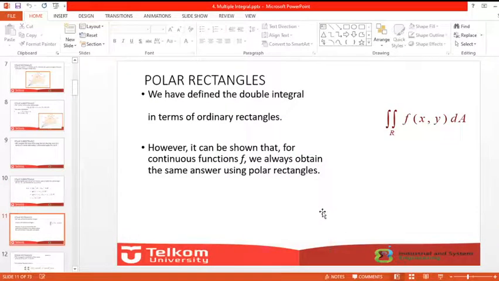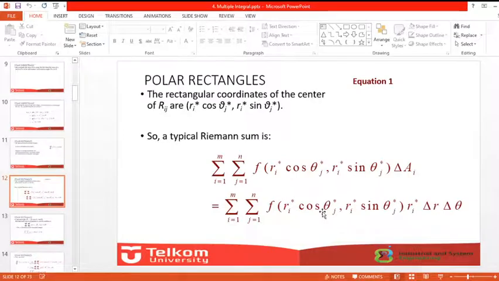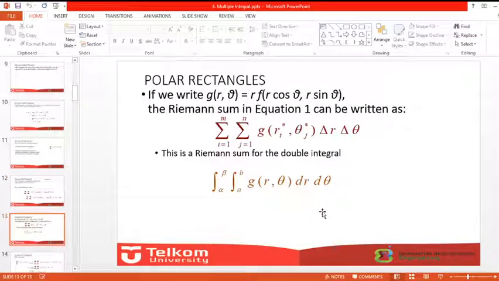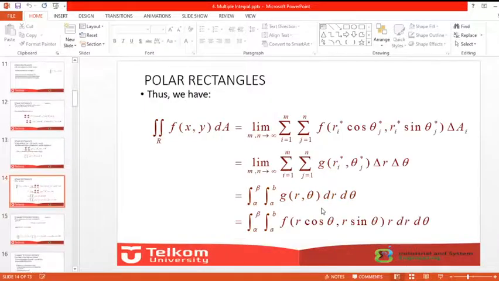So we can change from the xy coordinate integral to the polar coordinate integral. From f(x, y) we change to g(r, theta) times r dr d theta.